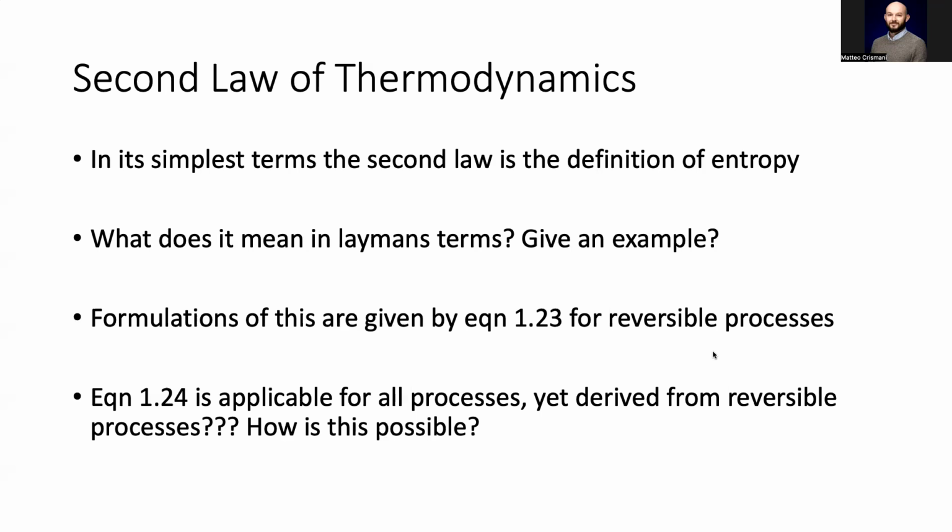So interestingly enough, these ones here, once you combine them for reversible processes, they are also applicable for irreversible processes. How is that possible? Yeah, so this is very close to, I would change the language just slightly, but the same idea is here.